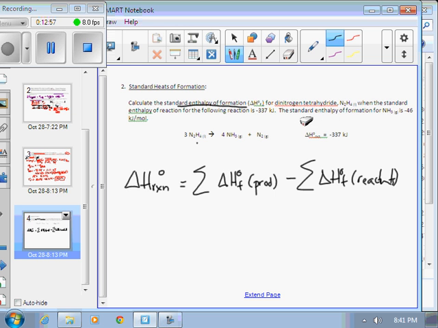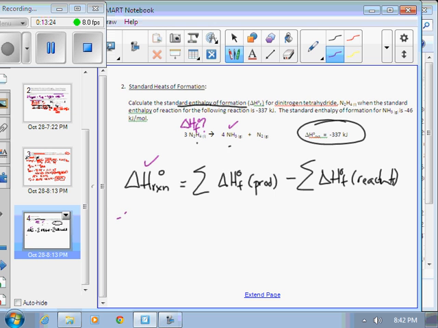It also tells me the standard enthalpy of formation for NH3 is negative 46. Okay, so this one's kind of twisty because it gave me the delta H of reaction. I have the delta H of formation for the NH3, and I'm looking for the delta H of formation for this guy, okay? So it's a little bit different.